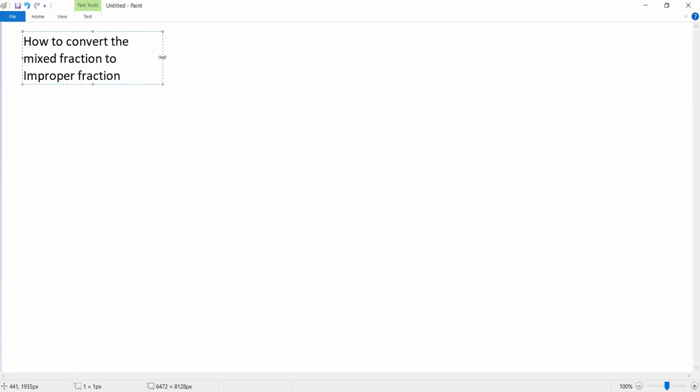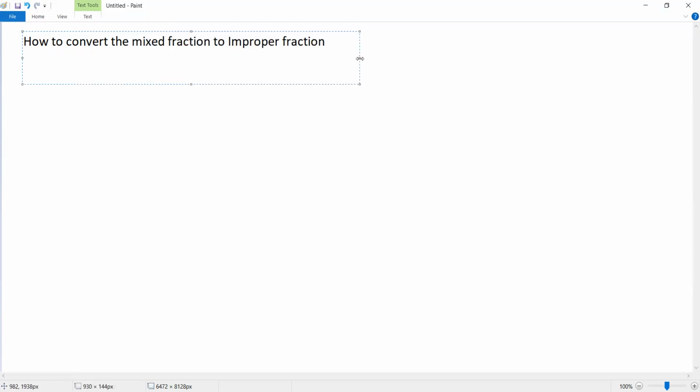Now we learn how to convert mixed fraction to improper fraction.